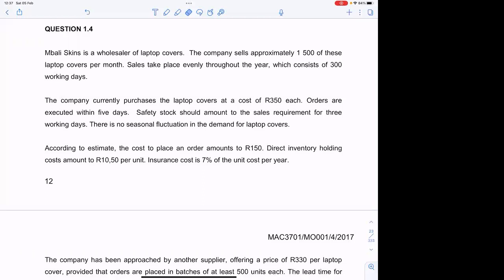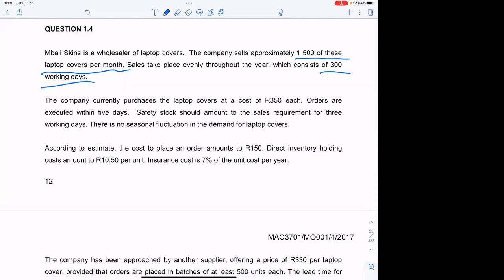So let's go to question 1.4. Mbali Skins is a wholesaler of laptop covers. The company sells approximately 1,500 of these laptop covers per month. You see now this time it is per month. Sales take place evenly throughout the year, which consists of 300 working days.